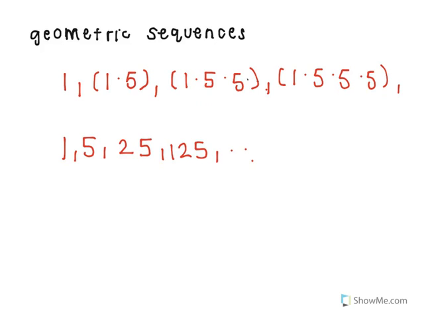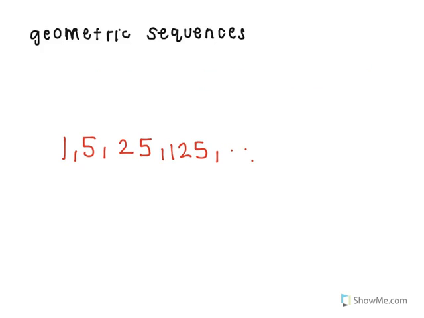For this pattern, we can create a formula. Well, to start off, we call our first term a sub 1. In this case, a sub 1 equals 1, because 1 is our first term. Next, we find the common ratio between the terms.